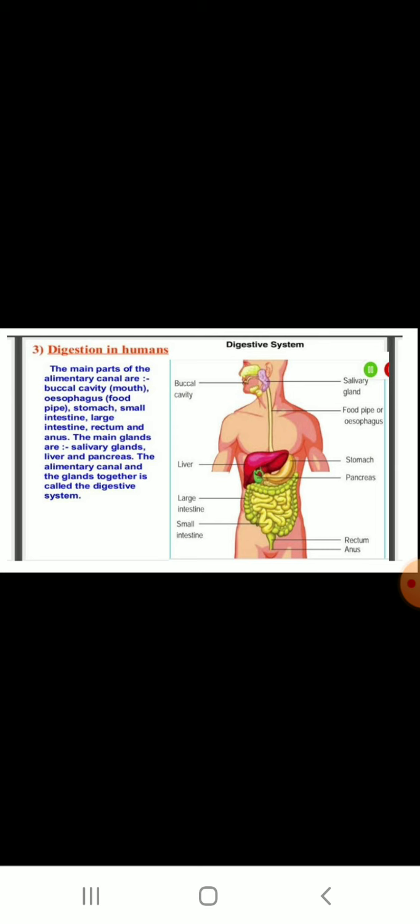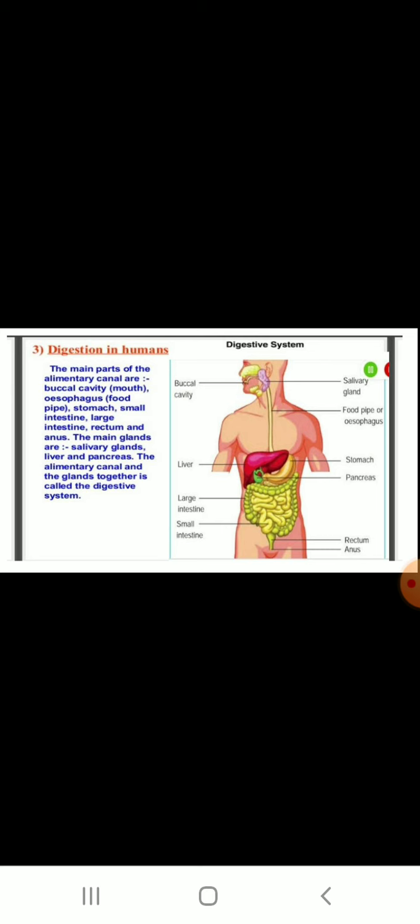There is a pipe called the esophagus or food pipe. You can see a narrow tube. It is called the food pipe or esophagus. This food pipe or esophagus is connected to the stomach. The yellow colored, half moon shaped part is the stomach.